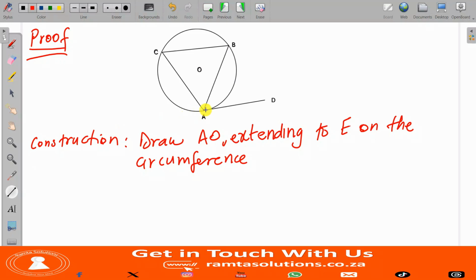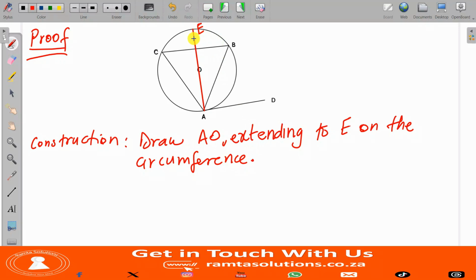Perhaps let me show that. So we have something like this. Now we are calling it point E. It is extending to the circumference, as you can see, meaning E lies on the circumference.